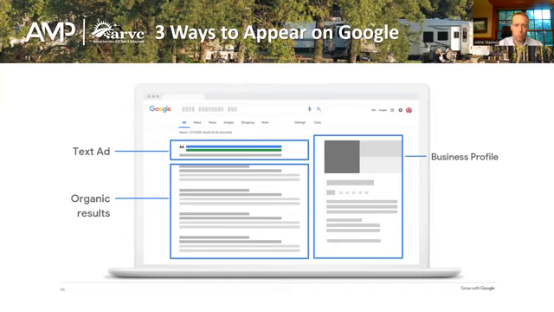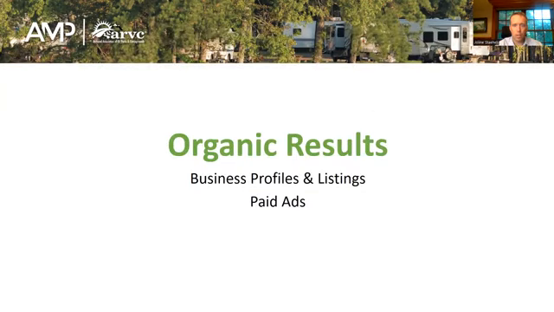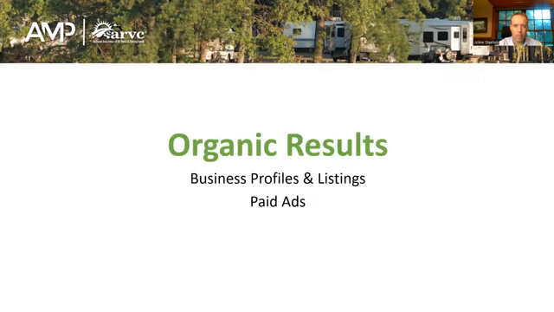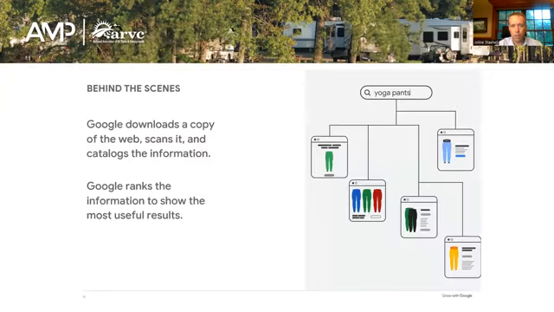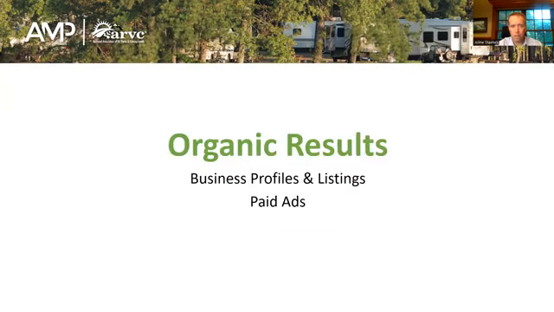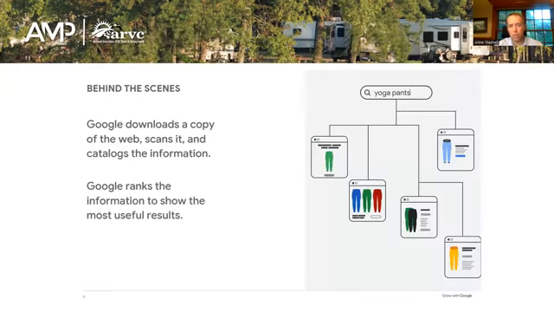So let's walk through those each in turn, and we'll begin with organic results. Everybody wants to have a high-ranking website on Google. And what's great about organic results is you don't have to pay for them. What's tough about organic results is that you have to be smart about the way you arrange your data online and the way you put together your website.